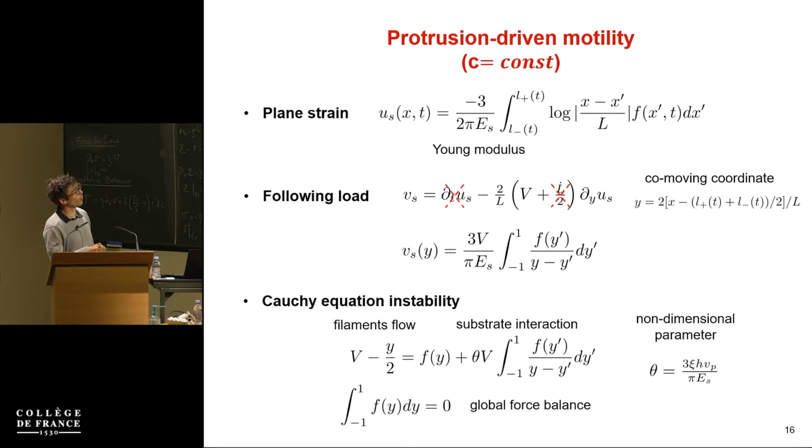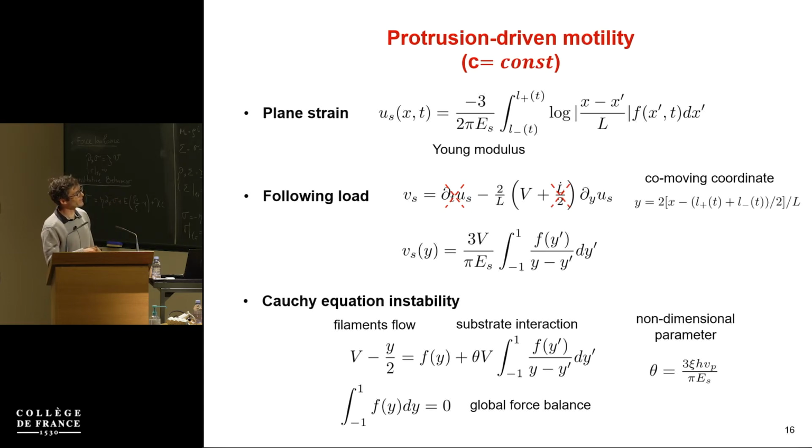And then when you want to compute the velocity, it's purely linear elasticity, by the way. When you want to compute the velocity of the substrate, you have two terms. You have this partial derivative term, which in steady state cancels out, plus a convective term, because the loading follows the deformation. And the variation of the length can be neglected because, as we found previously, the length converges to a constant.